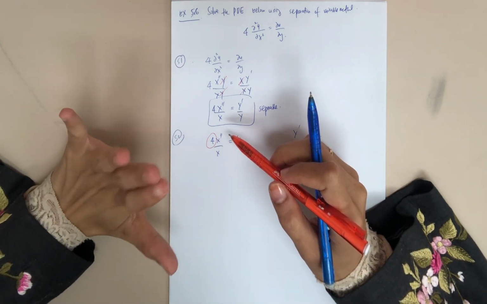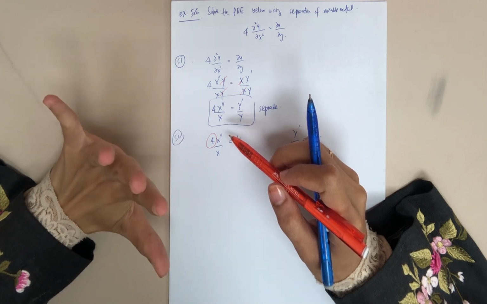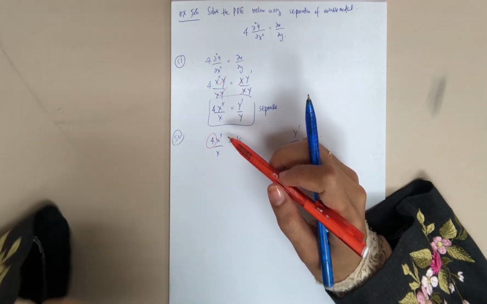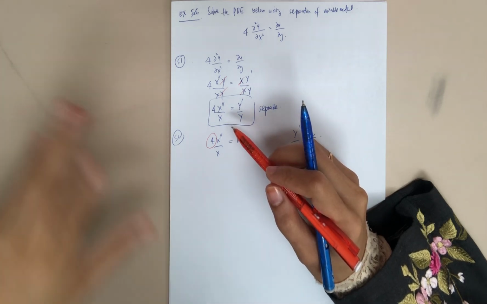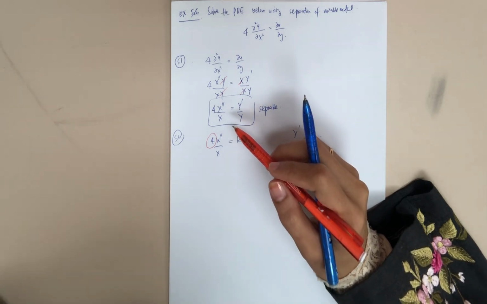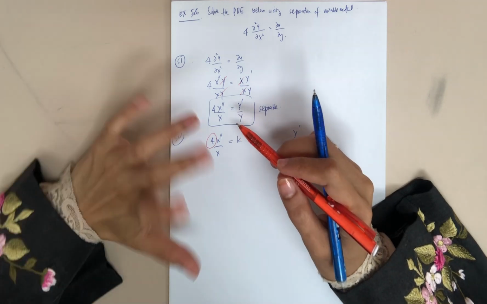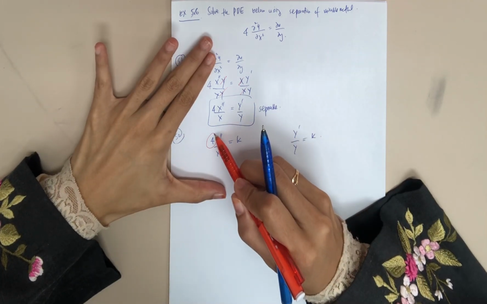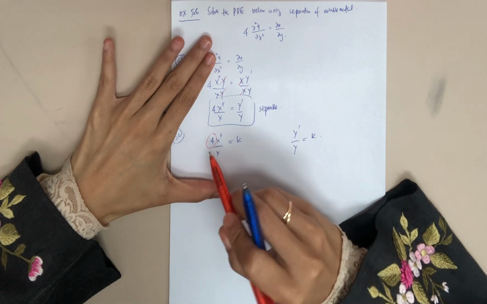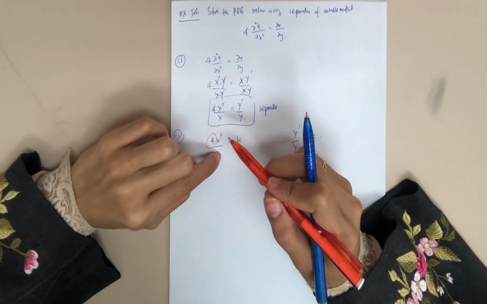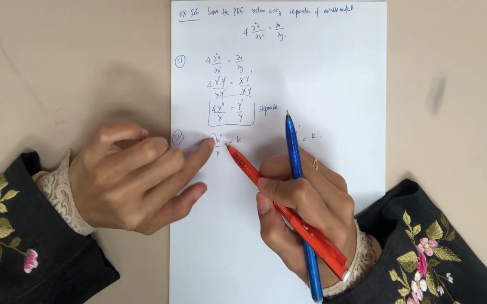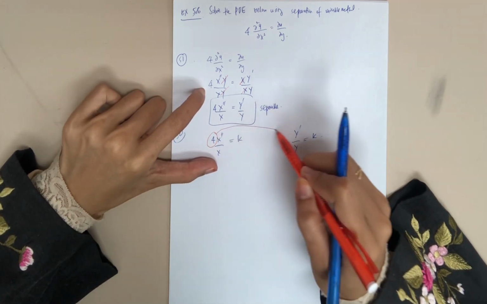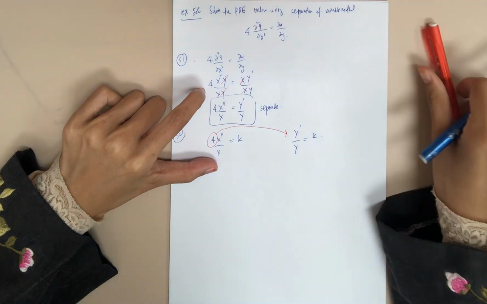Okay, class. To make your life easier when you calculate, it's not compulsory, but I really suggest you move this 4, or any number that we have in front of X, in the X equation, to the other equation.